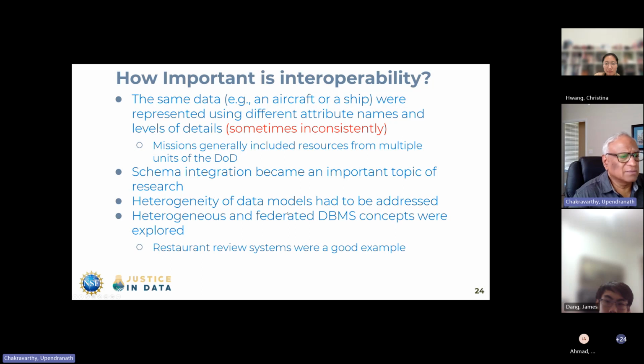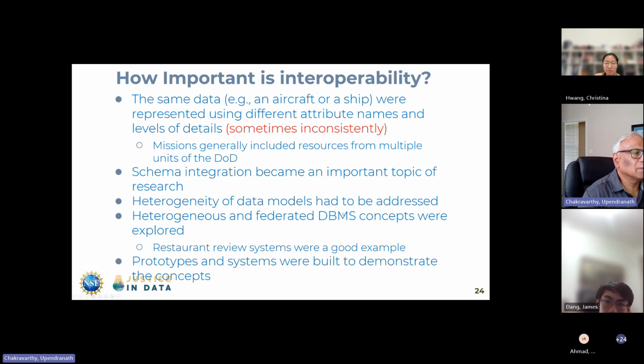And that's one of the things that you can see as the difficulty. Take, for example, restaurant review systems. Each reviewer provides their own way of doing it. There has to be a common standard, so there is this Michelin standard that's very commonly used so that you can interpret it in the same way.